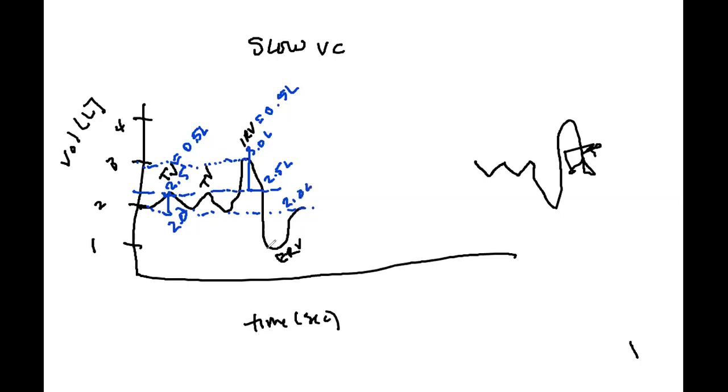And then where does the bottom of this waveform end? Okay, we're going to say it ends at 1 liter. So this is 1.0 liters. So expiratory reserve volume is 2 minus 1 liter. So that would give us 1.0 liters. Okay.